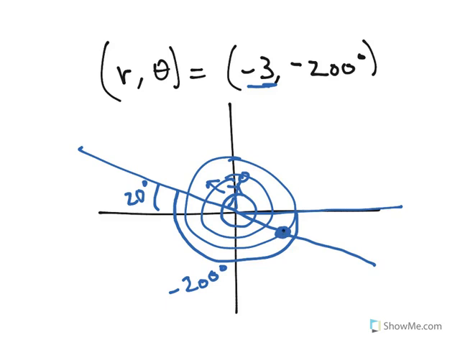Maybe I should put that point in black there, make it stand out a little bit more. But there is our point right there because we're facing negative 200 degrees and then walking backwards 3 units. Okay, so it is possible to have a negative r value, and it is possible to have a negative angle. In fact, they could both happen at the same time.